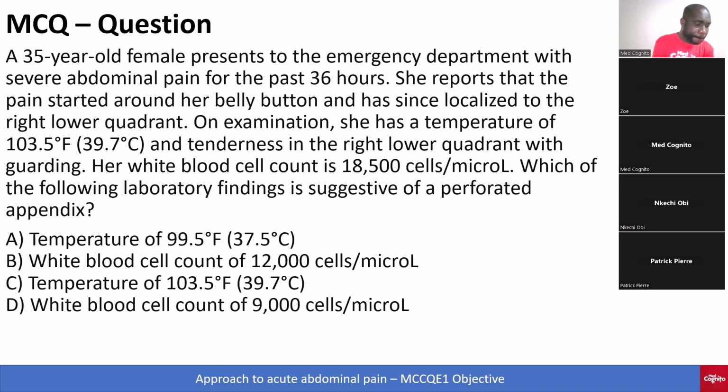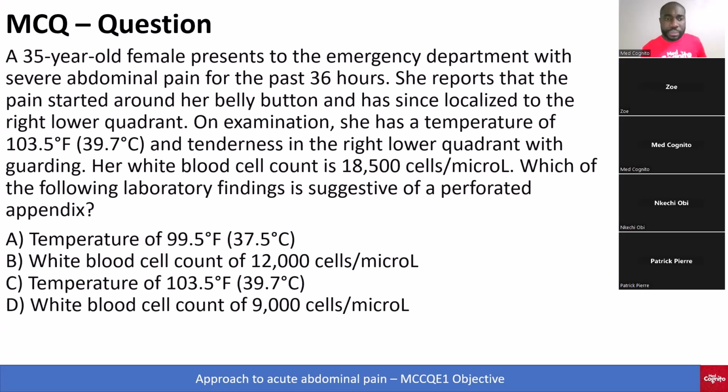On examination, she has a temperature of 103.5 Fahrenheit or 39.7 Celsius, and tenderness in the right lower quadrant with guarding. Her white blood cell count is 18,500 cells per microliter. Which of the following laboratory findings is suggestive of a perforated appendix?